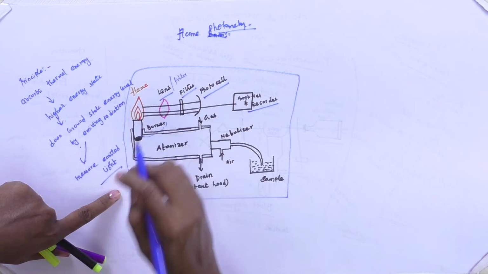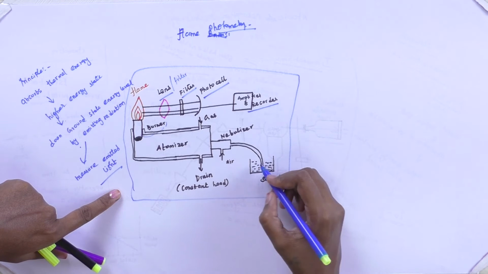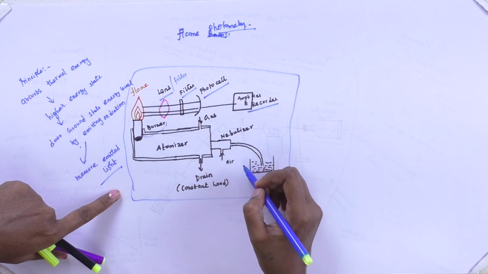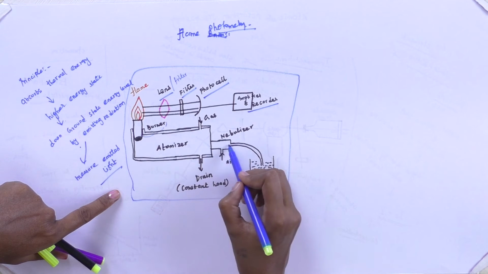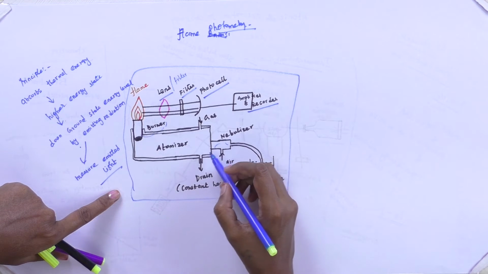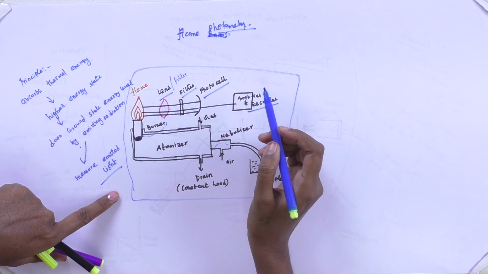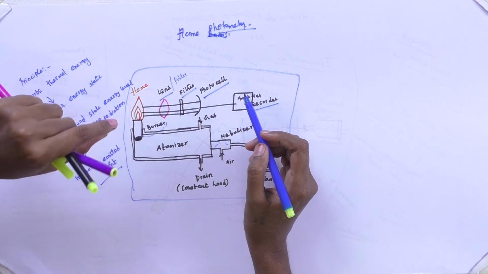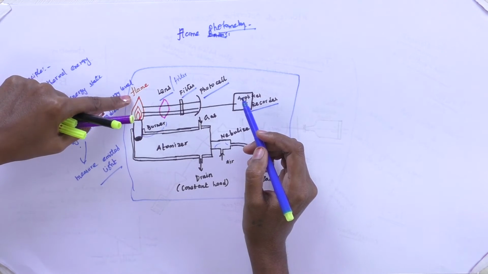Before feeding a sample into the burner, we have to convert it into droplets. We nebulize the sample with air. The nebulizer converts the liquid sample into droplets, and then we feed the droplets into the burner, where the solid metal particles are converted into the gaseous state.